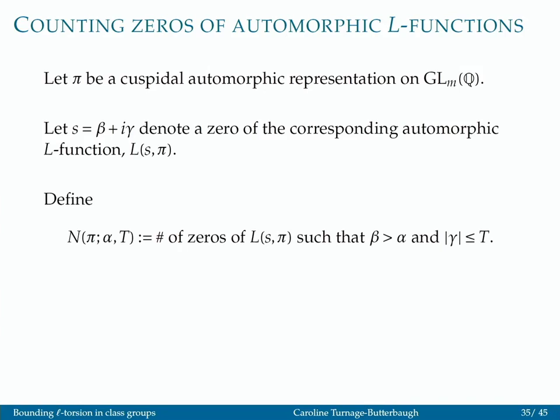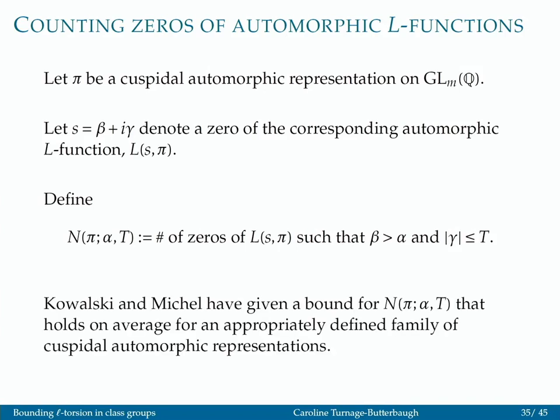And let's say that we want to count how many zeros this function has in an appropriate range. So maybe the real part is greater than some alpha, and the imaginary part is at most T. Kowalski and Michel have given a bound on the number of zeros of these L-functions that holds on average for an appropriately defined family of cuspidal automorphic representations.